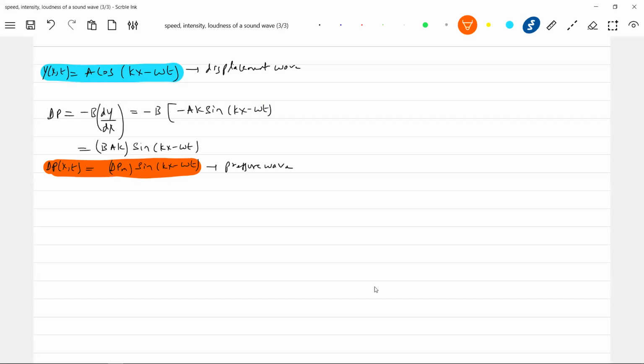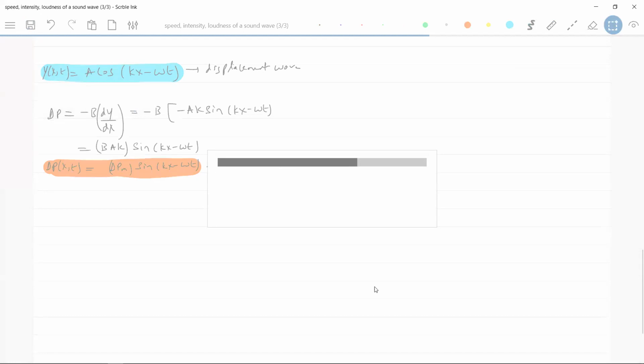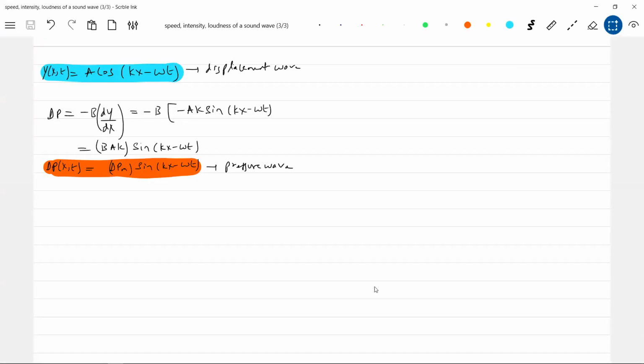I need some space. Let it be like this now. Okay, let's plot the y of x graph at t equal to 0. I think now we are very good at plotting graphs.